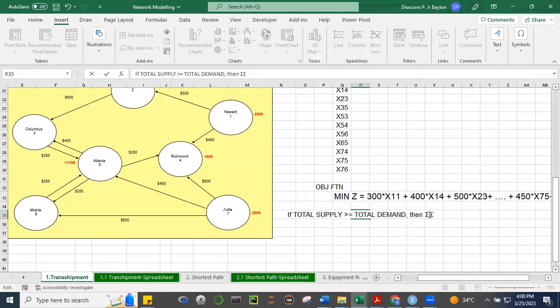So we have this: the summation of your inflow minus the summation of your outflow.